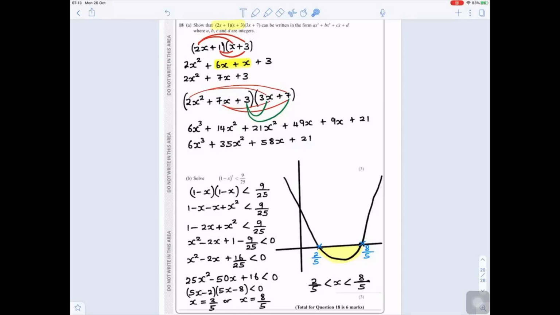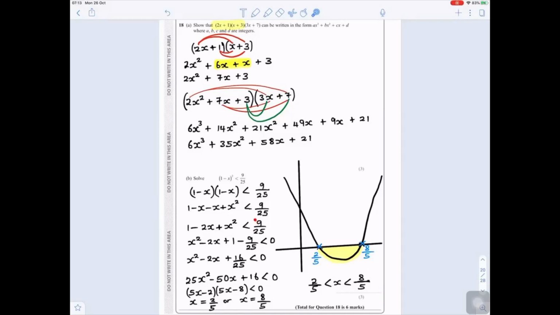Part B, solve (1 minus x) all squared is less than 9 divided by 25. We can write (1 minus x) squared as 1 minus x in bracket times 1 minus x. If we expand that, that gives us 1 minus 2x plus x squared is less than 9 over 25.